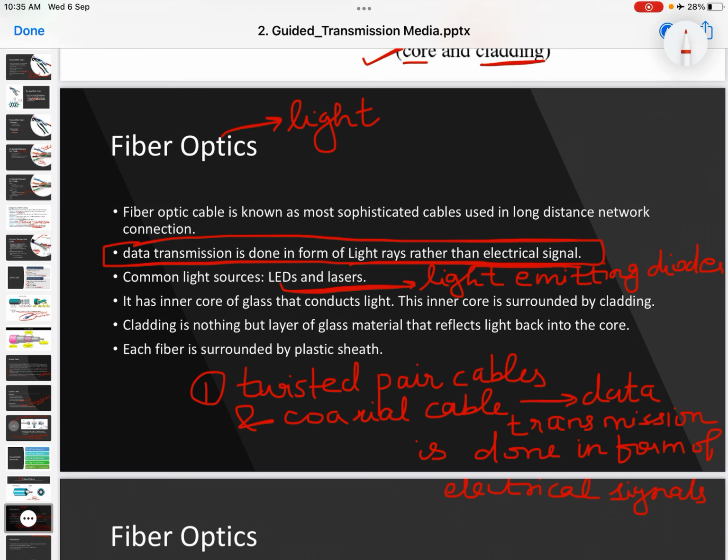Cladding is nothing but a layer of glass material that reflects light back into the core. So this is my core and this is my cladding.